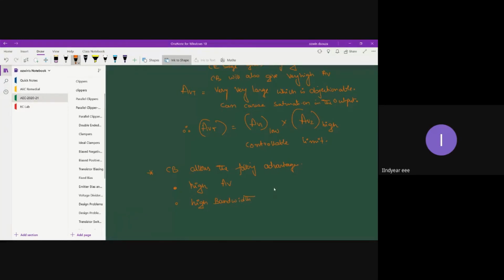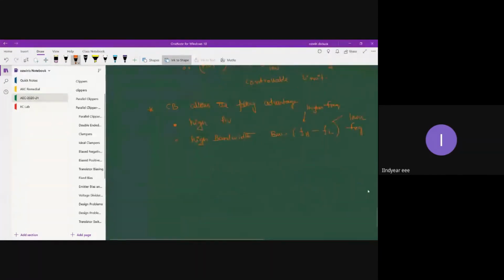Bandwidth is nothing but the difference of the upper cutoff frequency and the lower cutoff frequency. This is your higher frequency, and this is your lower frequency. Within the bandwidth, the faithful amplification exists.